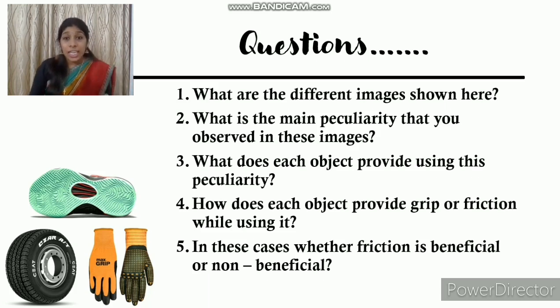Next, we are moving on to the third question. What does each object provide using this peculiarity? It provides friction or grip. Okay, the fourth question. How does each object provide grip or friction while using it?